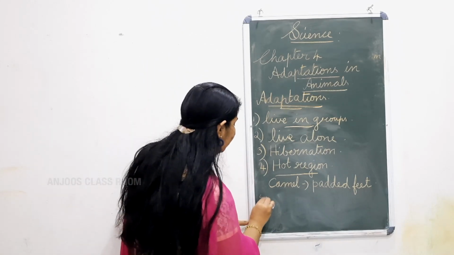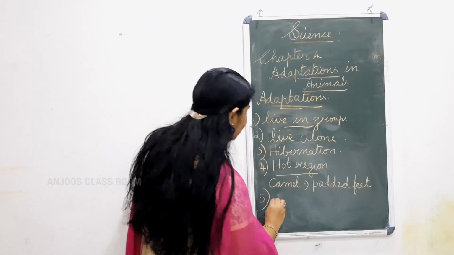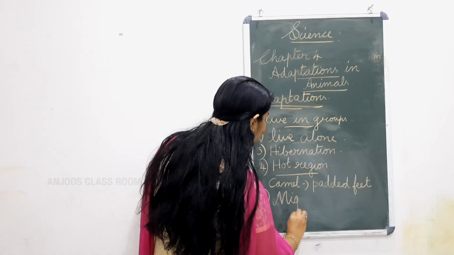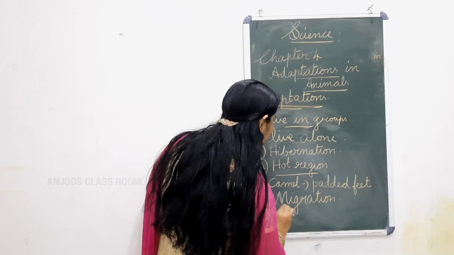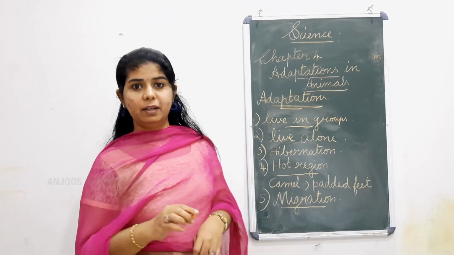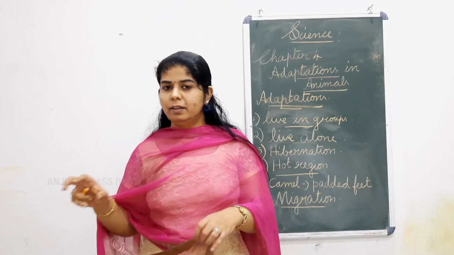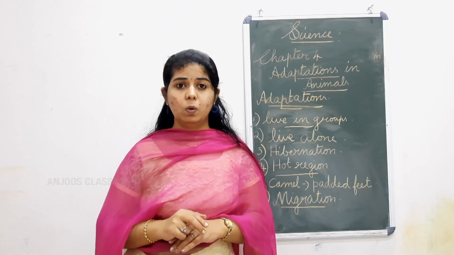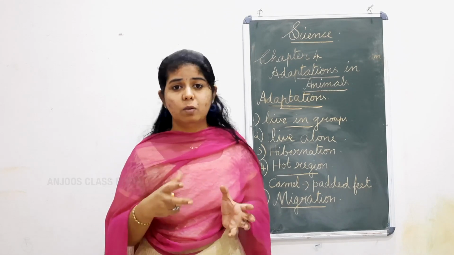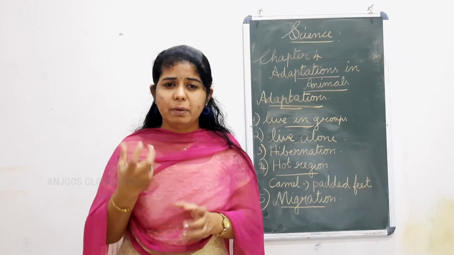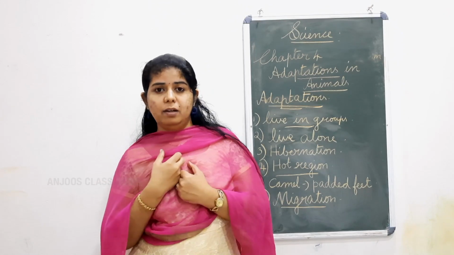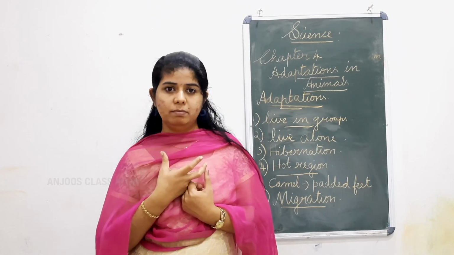One more is the term migration. Now, mainly in the cold countries, when it is very cold, some animals and birds will not be able to afford that cold time.